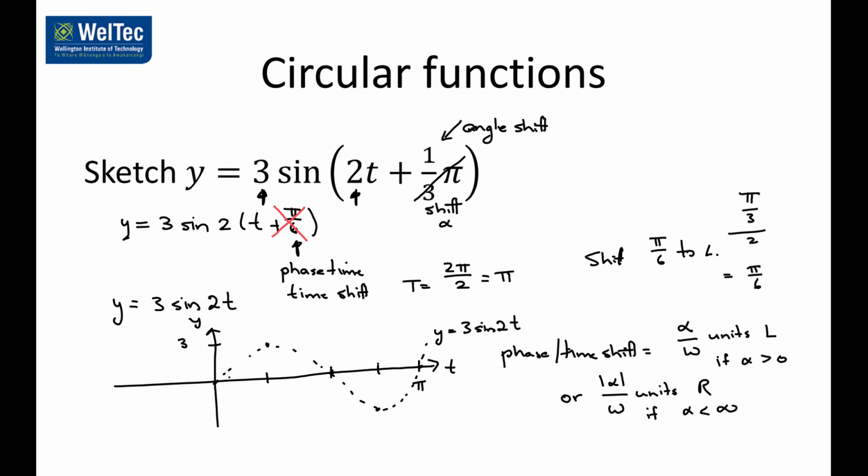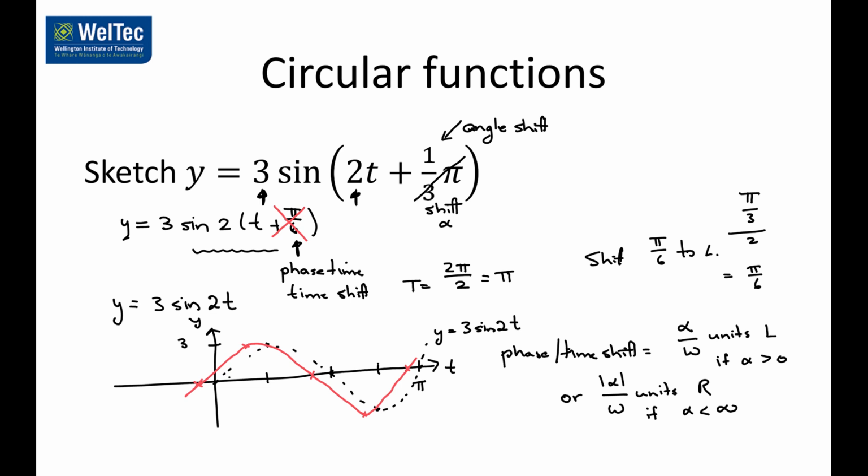Or we could look at the factorized version over here. Every point is going to go pi by 6 to the left, so it's going to go to about there, there, there, there, and there. Join it up, and we're done. Again, we can see the time period is just the same.